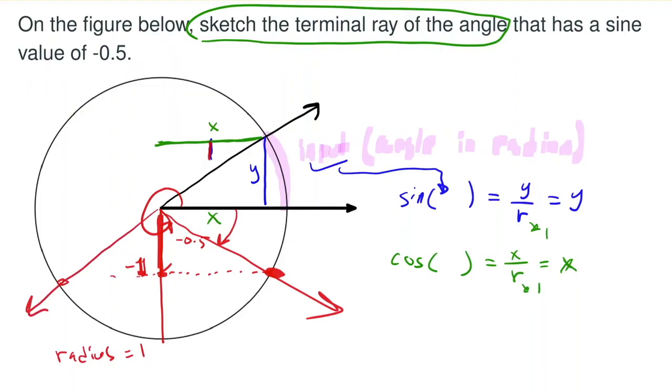Let me draw a different color: this angle or this angle. But it's only asking us to draw terminal rays, so you don't technically have to mark an angle. The answer is these two, this terminal ray and this terminal ray. An angle that has these two as a terminal ray will give us sine of negative 0.5.